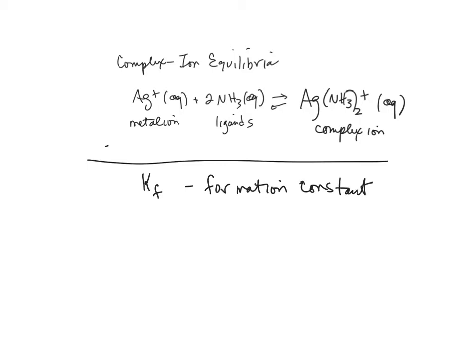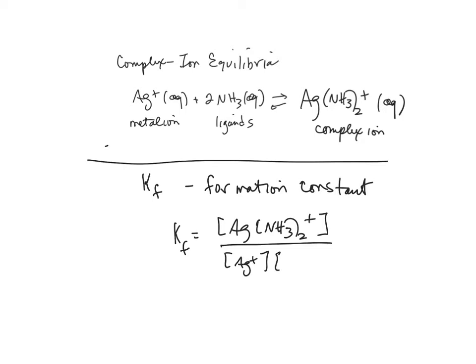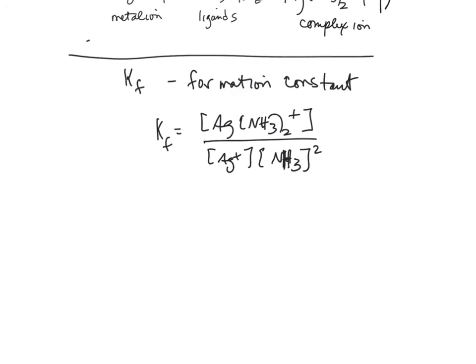And you can write the expression for Kf as the silver ammonia complex ion concentration divided by silver plus and divided by ammonia squared. Now this value happens to be equal to, for this system, 1.7 times 10 to the 7.